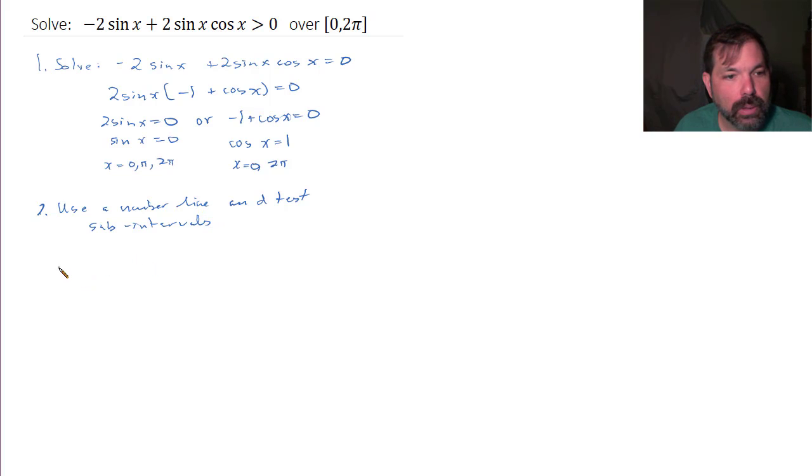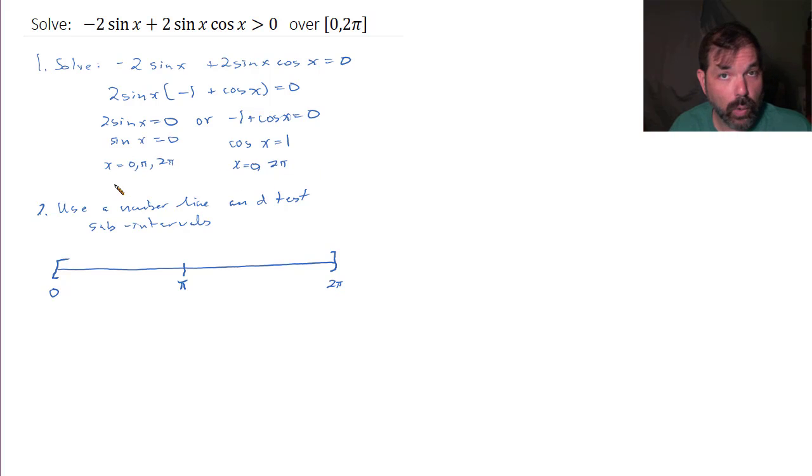So here's my number line, and I have important numbers on it, and we're only looking over 0 to 2 pi. Within that we have one important number at pi. So we have 0, pi, and 2 pi. Those were important numbers. Those were roots of the equation.